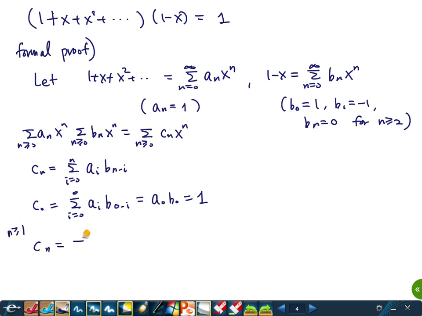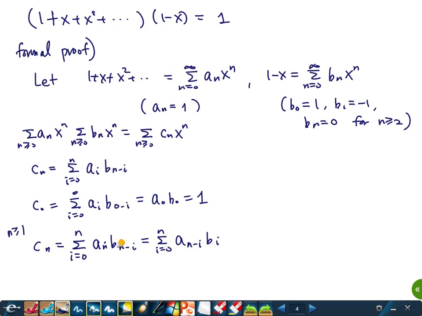Cn is the sum for i equals 0 to n of ai b(n minus i). Let's try to compute this. Actually, this is the same as the sum of a(n minus i) bi, right? These are just the same.